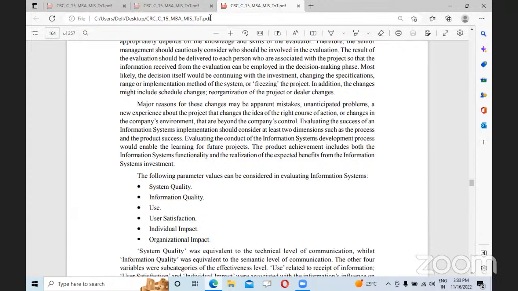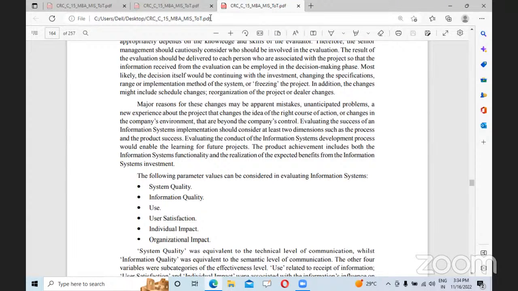Most likely the decision itself would be continuing with the investment, changing the specifications, range or implementation method of the system, or freezing the project. In addition, the changes might include schedule changes, reorganization of the project, or dealer changes.